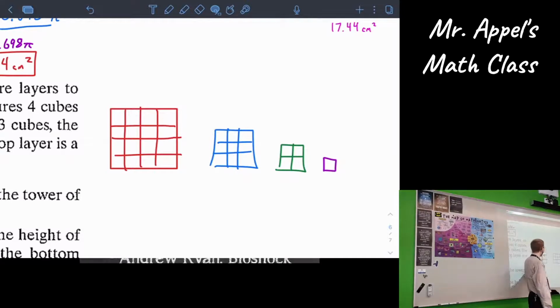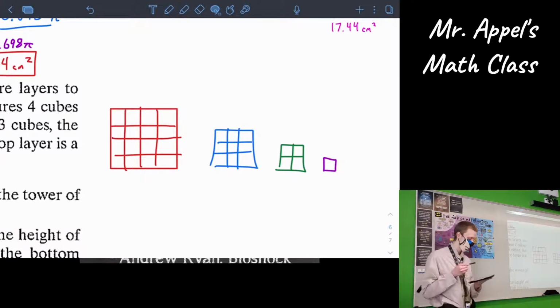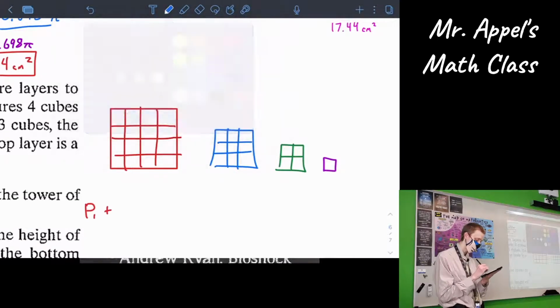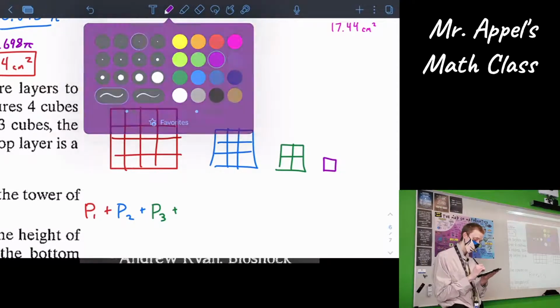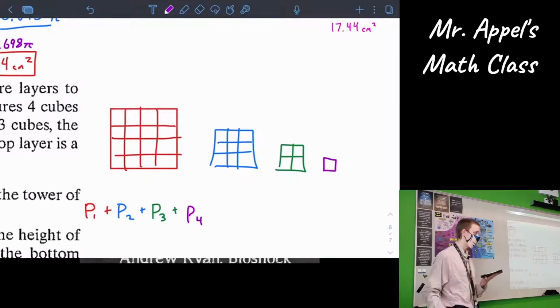Stacking the cubes does not block the edges. Agreed? So we can always add up the perimeters. So we at least need perimeter 1 plus perimeter 2 plus perimeter 3 and perimeter 4.